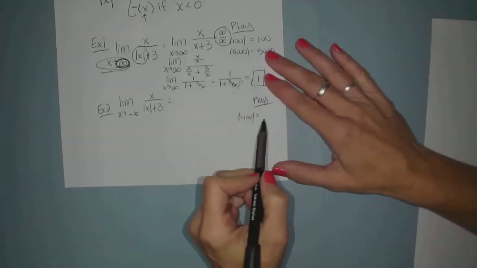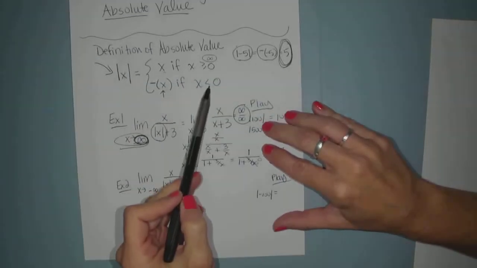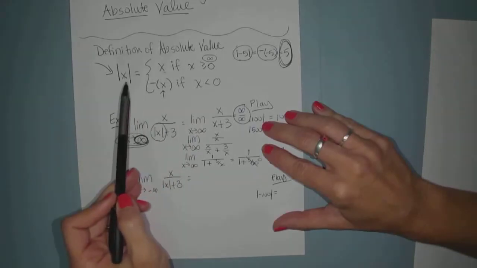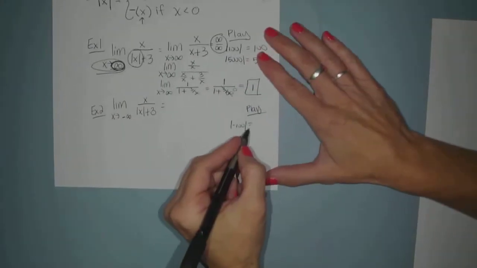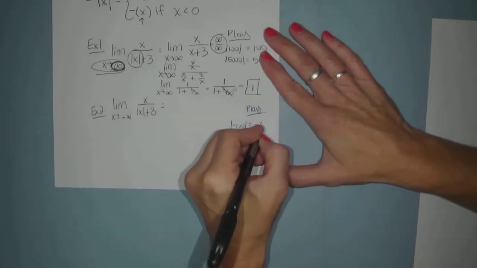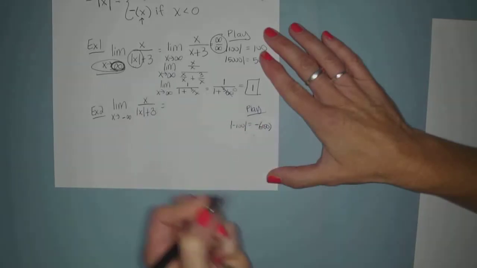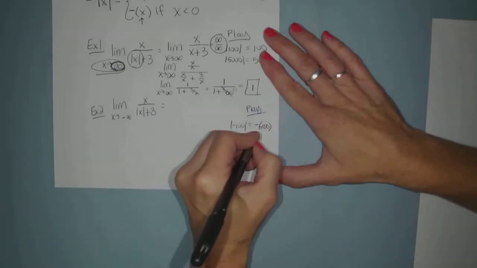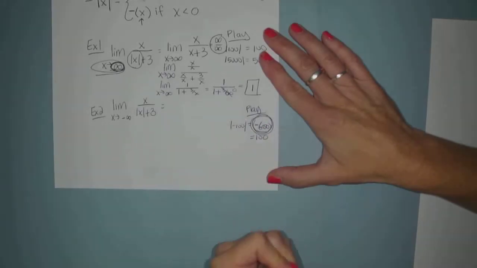But let's do an intermediate step because of this definition up here. If x is negative, then the absolute value is equal to the opposite of that negative. So the intermediate step here would be to take the opposite of negative 100, and that is positive 100. So we need to focus on that intermediate step.